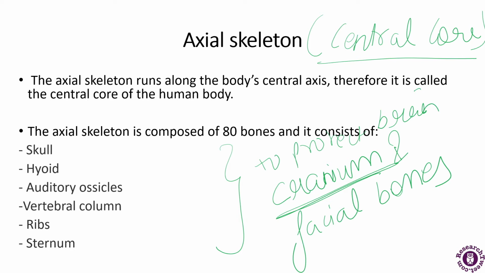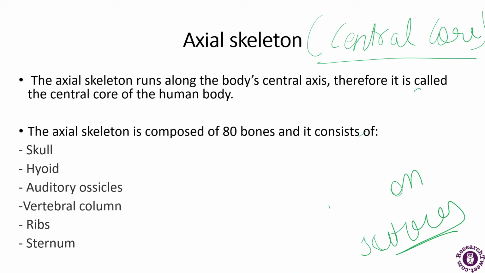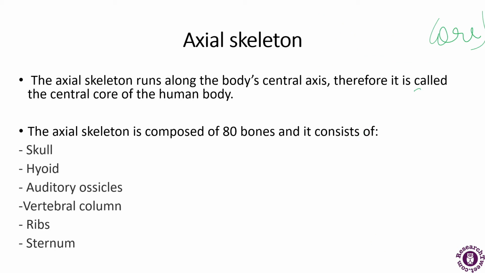It is formed of 8 plate-shaped bones which are joined together by meeting points known as sutures. And along with the cranium, the remaining 14 bones form the facial bones. So this was about the skull.